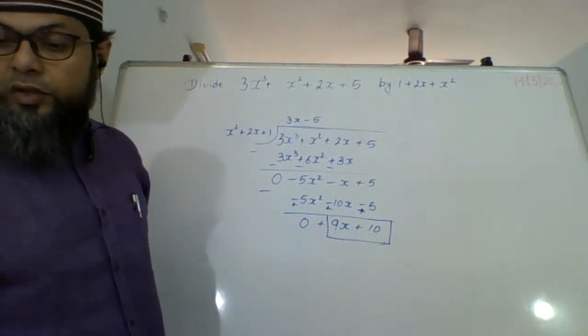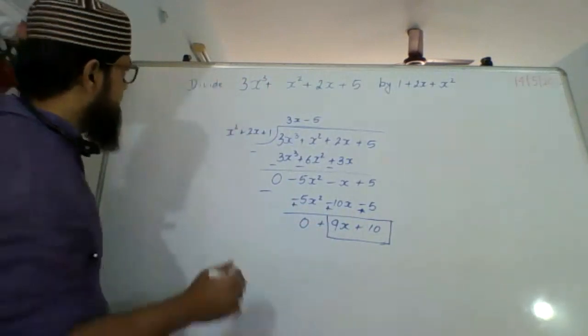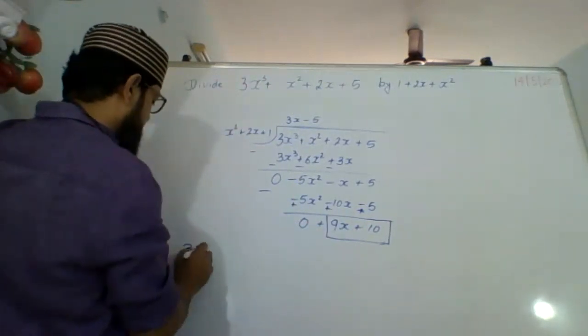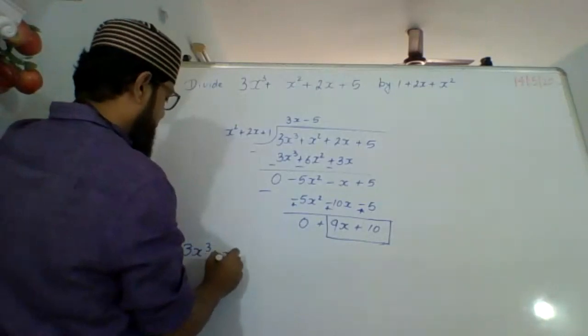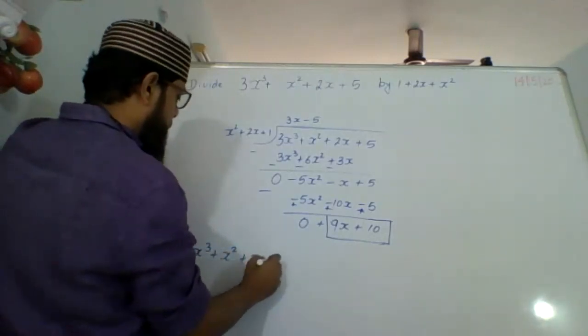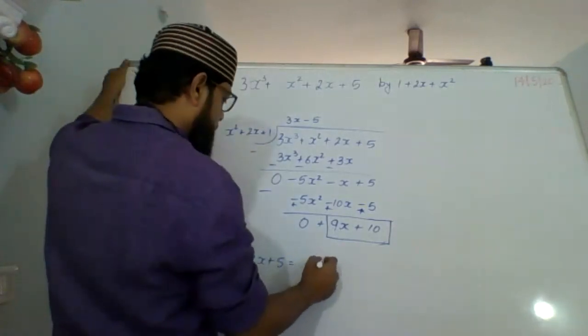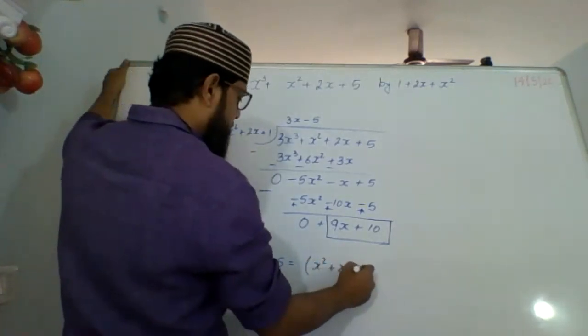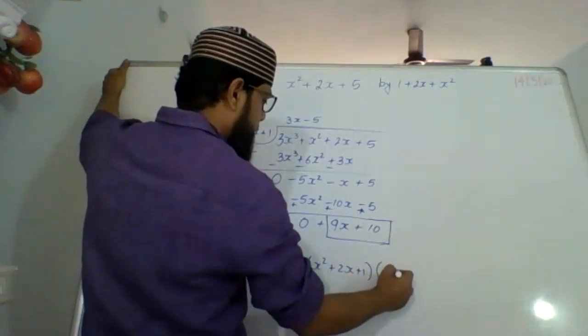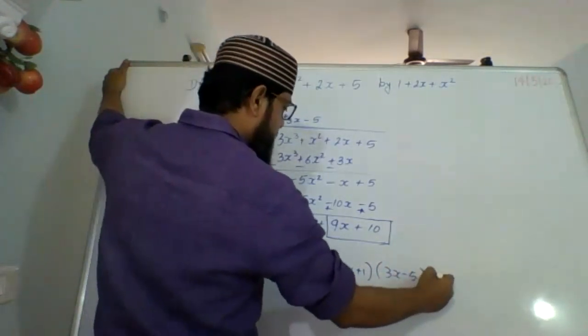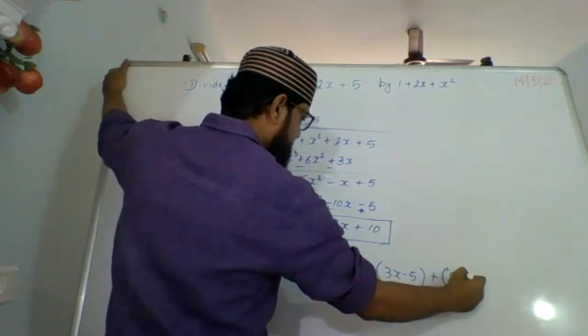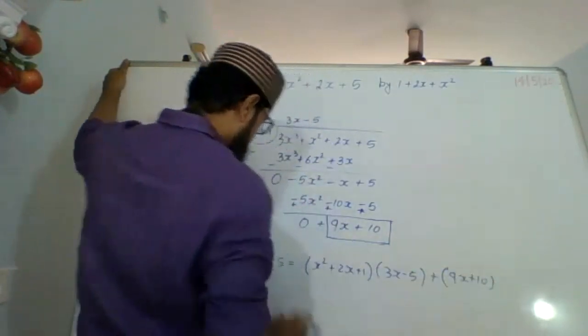So we can say in this case, 3x cube plus x square plus 2x plus 5 equals x square plus 2x plus 1 into 3x minus 5, plus 9x plus 10.